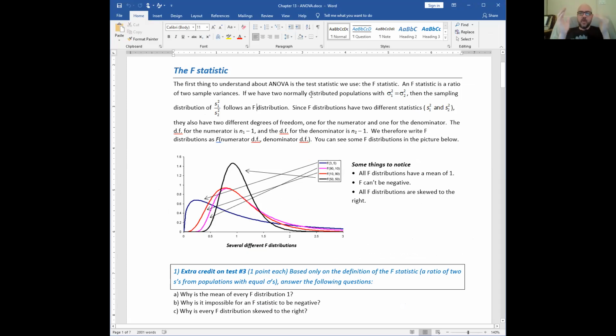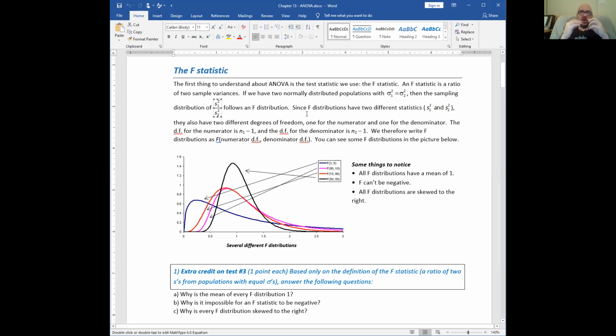So if you have two normally distributed populations that have equal population variances, so sigma 1 squared equals sigma 2 squared, then you take a sample from each one of those populations and you make a ratio out of the sample variances that you get. So you get this, S1 squared over S2 squared.